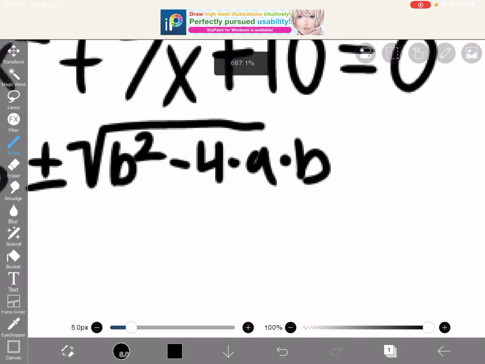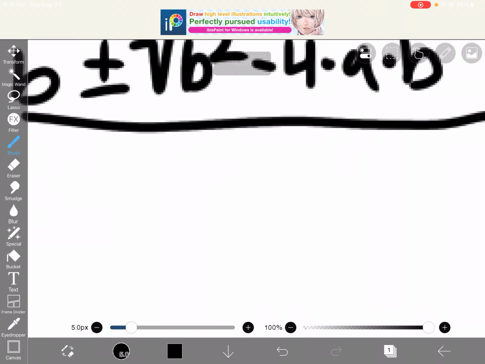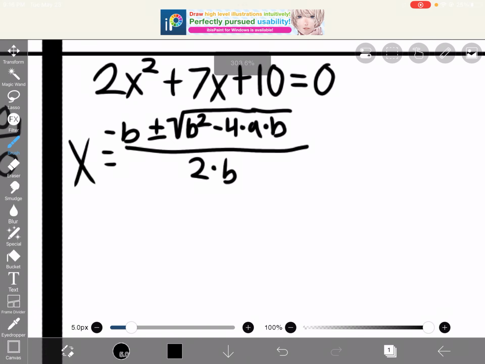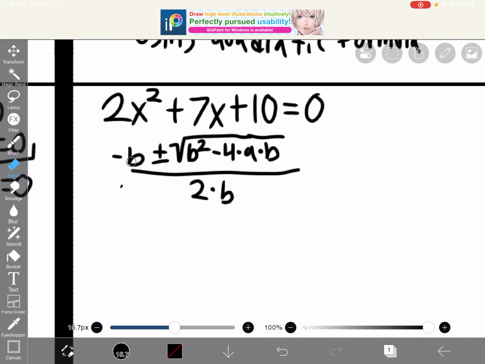Then it's going to be over 2 times a. And so that's the quadratic formula right there.